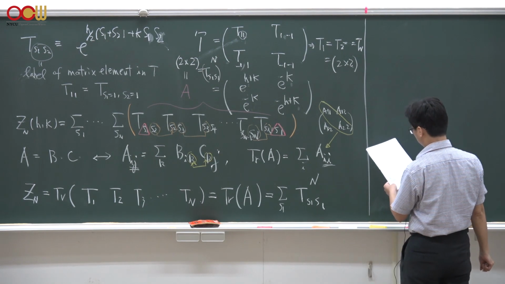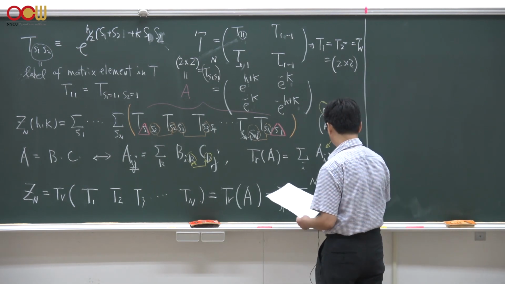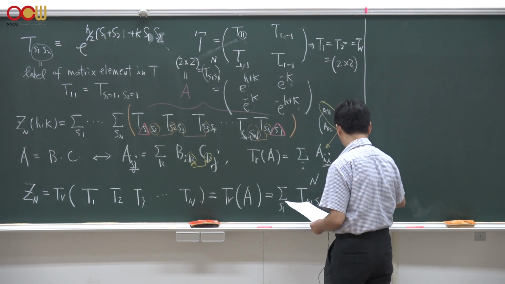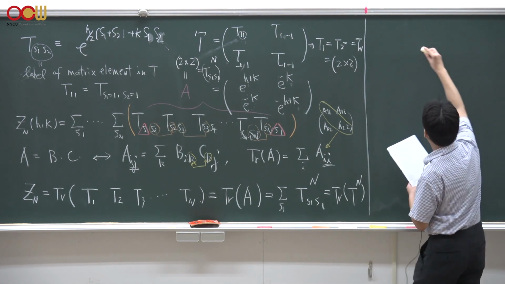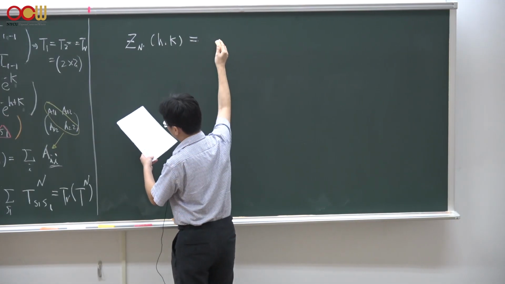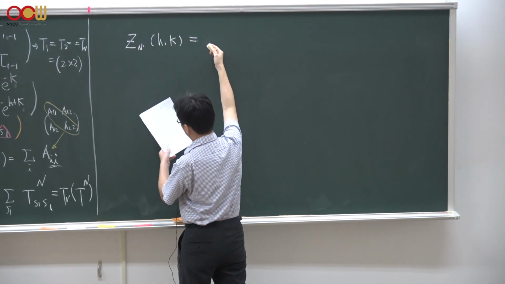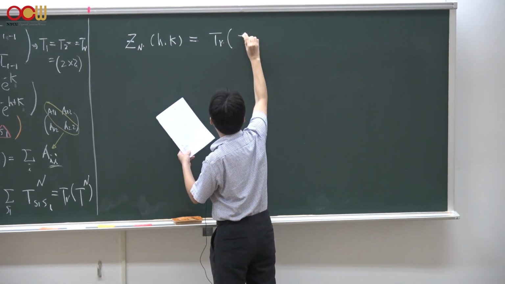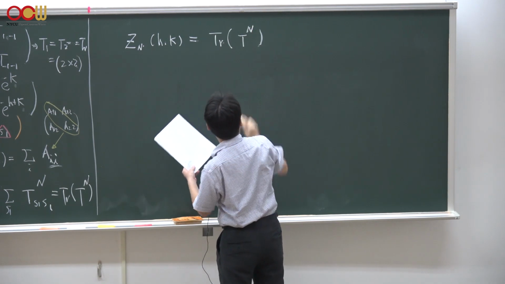So what is this? Well, this is nothing but the trace of the transfer matrix T to the power of n. So that's it. Let's summarize what we have. By using the transfer matrix method, we are able to simplify this partition function in terms of the trace of the transfer matrix to the power of n.